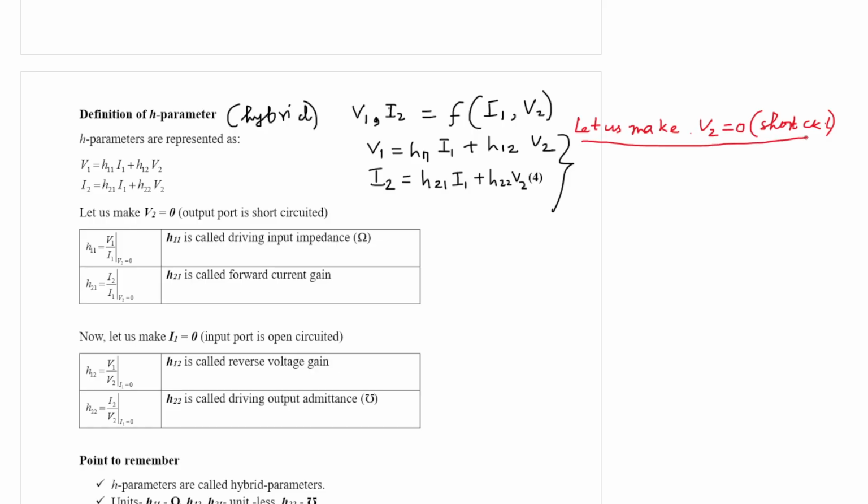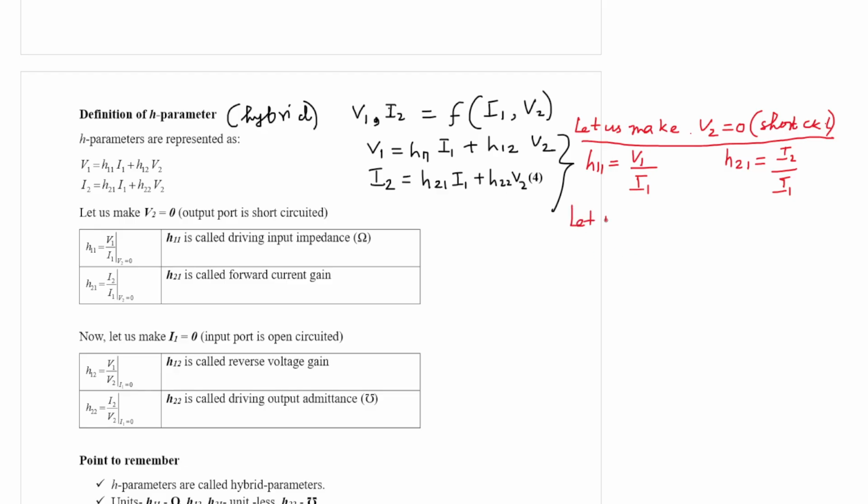When you make V2 equal to 0, it immediately gives H11 equal to V1 by I1 with V2 equal to 0, and H21 equal to I2 by I1. So H11 and H21 are only true when V2 becomes 0. If V2 has some non-zero value, then these two equations do not hold.